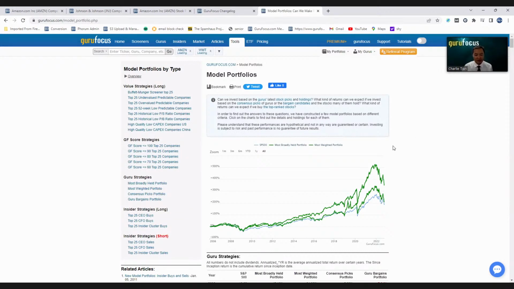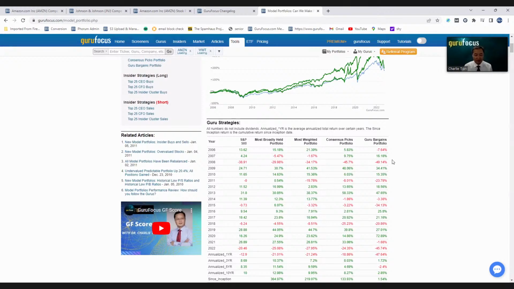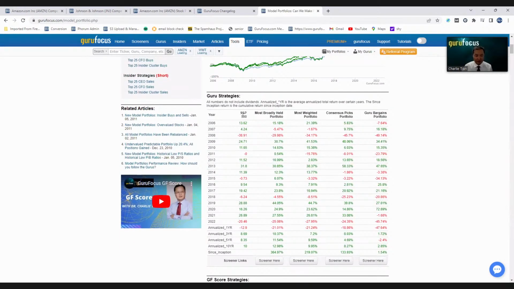Here there's an overview: the Guru strategies, the S&P 500 over the years, and the most broadly owned stocks portfolio over the years. I have started an ETF based on this strategy, and it outperformed the market for 13 out of the last 16 years. But this year it's underperforming, but that's where we are.